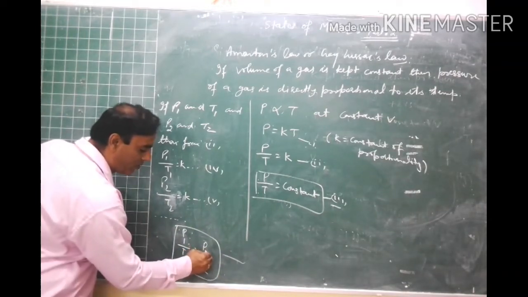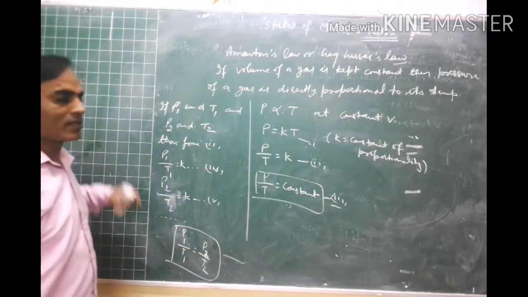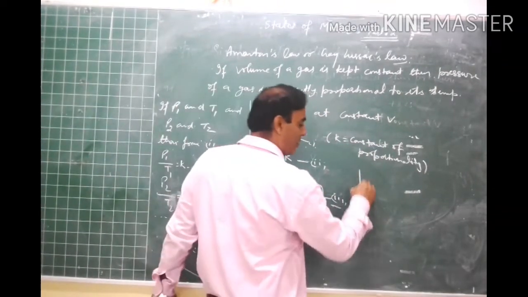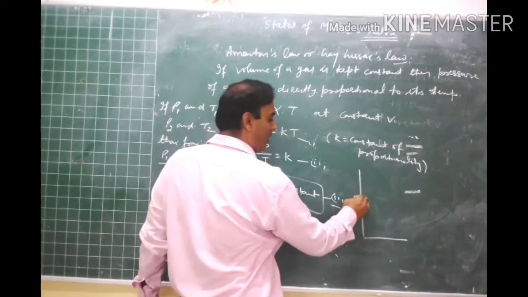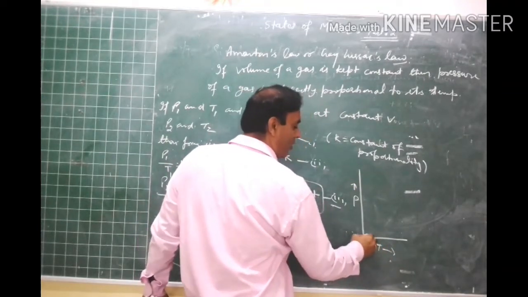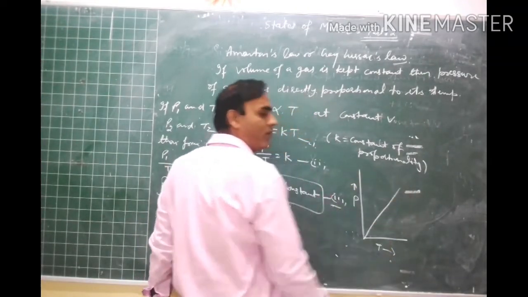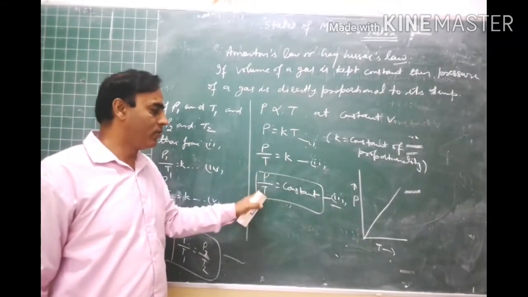So this equation is used for solving numericals, and before we discuss numericals, we will discuss the graph that P is directly proportional to T. If we take pressure on the y-axis and temperature on the x-axis, then we will get a straight line passing through the origin. Now we know that P upon T is equal to constant.